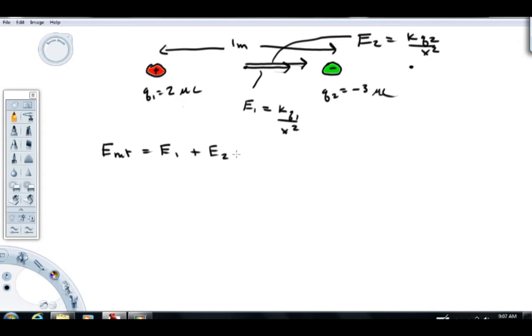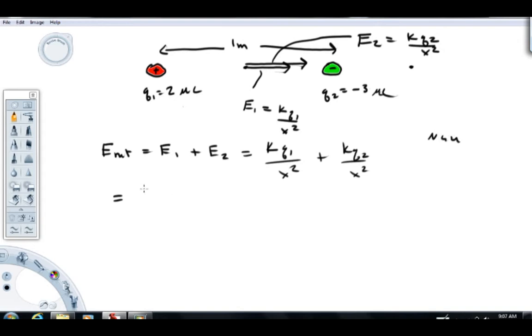I can go ahead and put these equations in here. That's going to equal kQ1 over x squared plus kQ2 over another x squared. If we put numerical values in, and to save myself a little room, I'm going to put NCU, which stands for note consistent units.